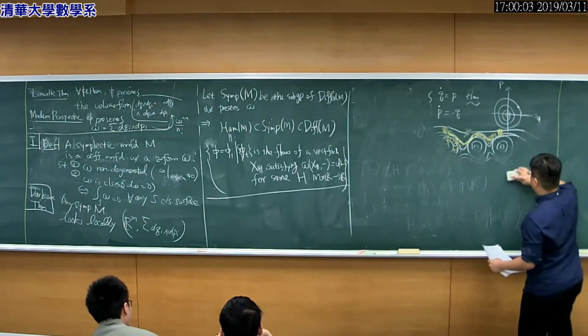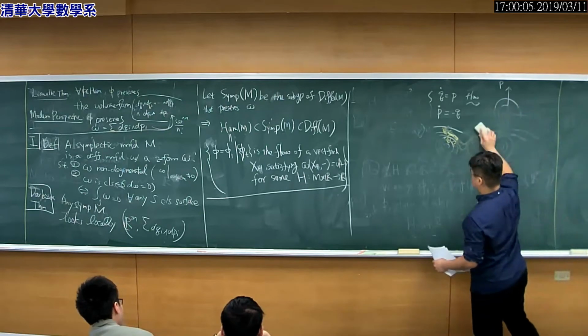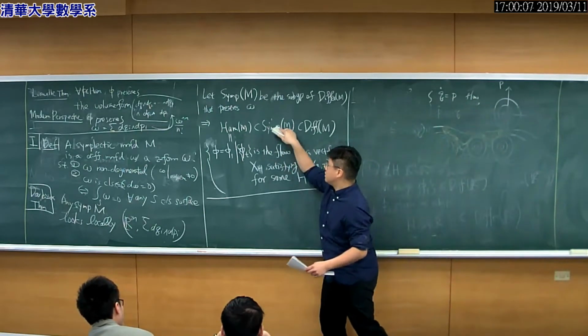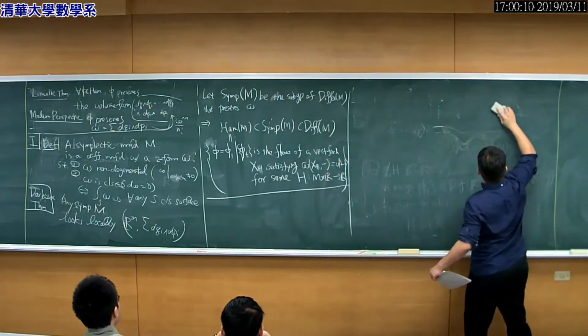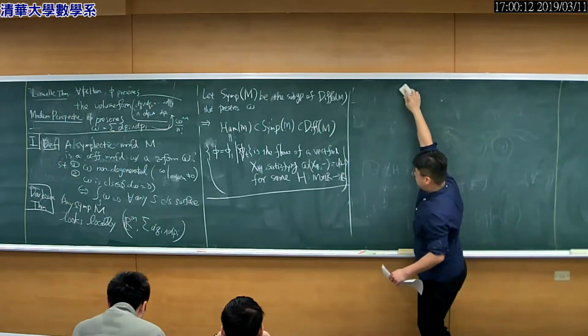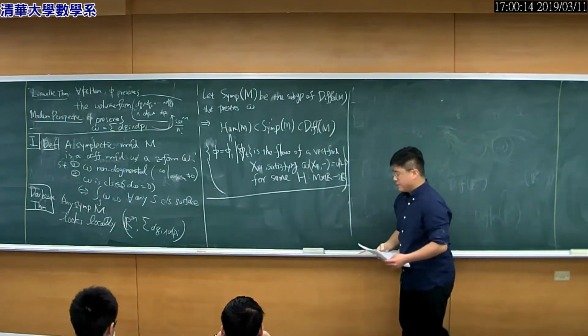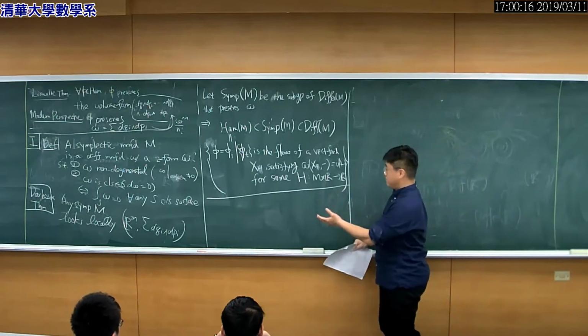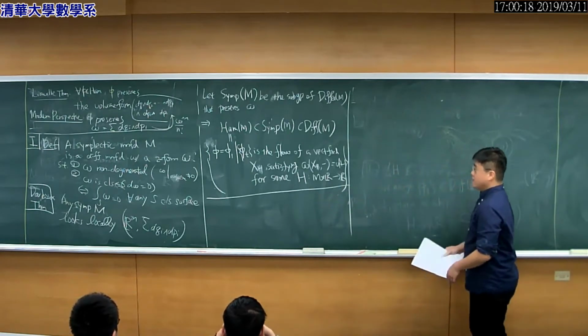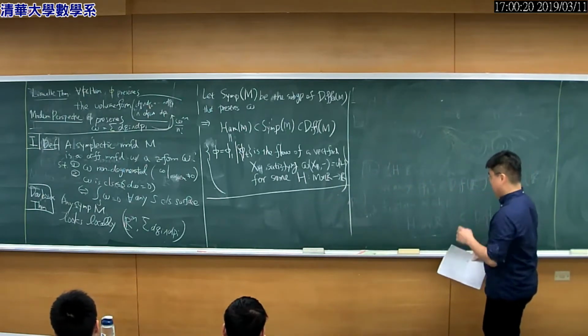So let me try to raise two phenomena, one for each, to reveal the difference of symplectic topology from ordinary differential geometry or topology.